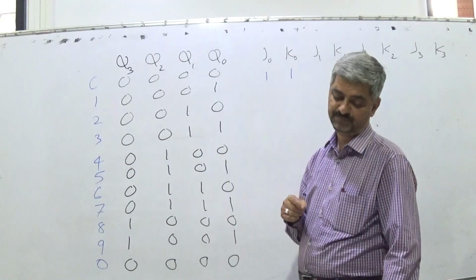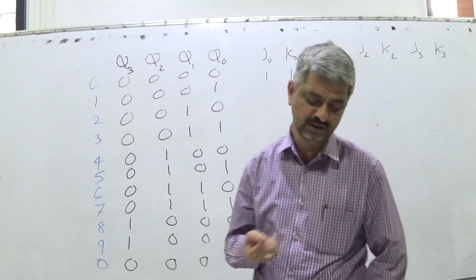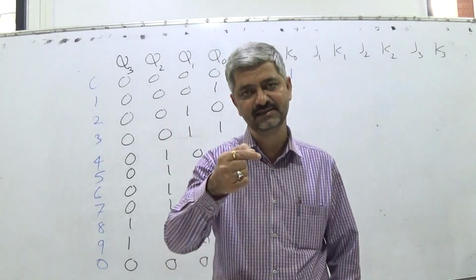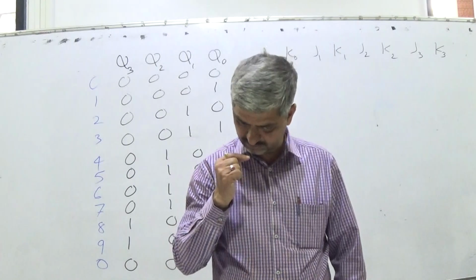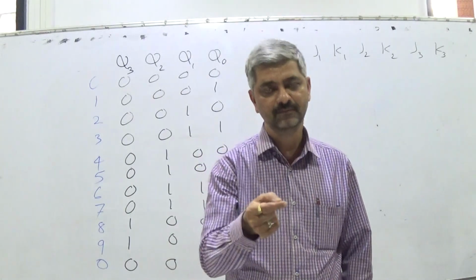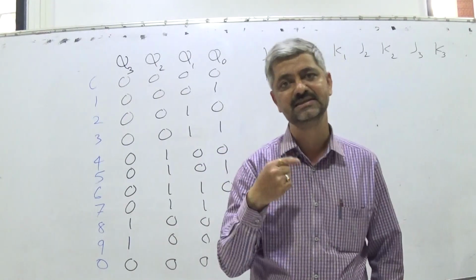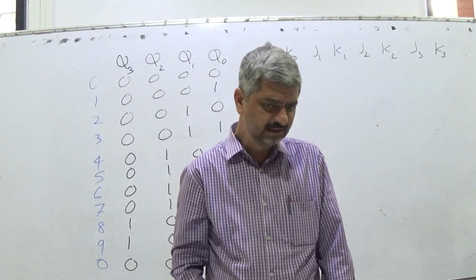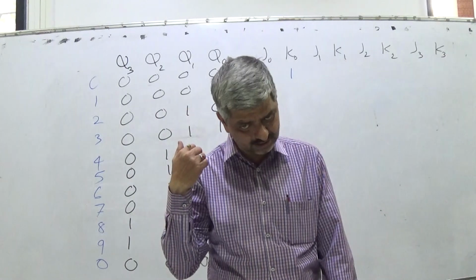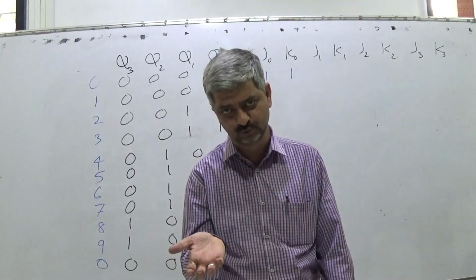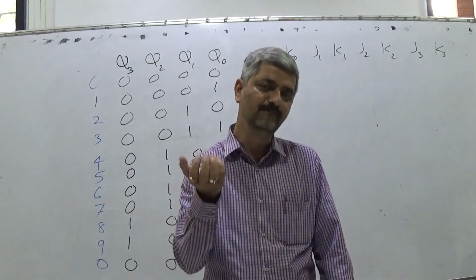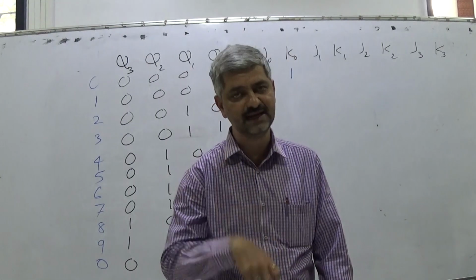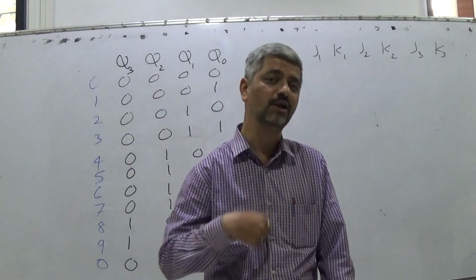So for each flip-flop, the input should be such that its next state, either 1 or 0, depending upon the current state, is defined. All outputs Q0 to Q3 may be considered, depending upon requirement, to decide the J's and K's of all flip-flops.